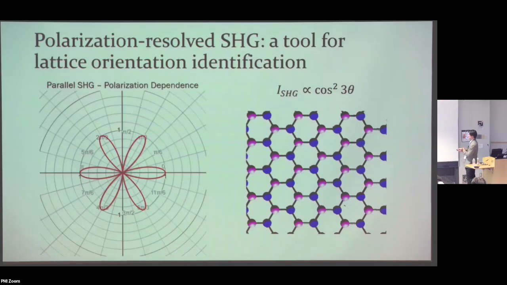The maxima of these lobes always correspond to the axes with mirror symmetry. For example, that direction is the direction of the armchair, and along the armchair you have a mirror symmetry of up versus down. This is for parallel second harmonic generation, meaning you have the same input and output polarization that you detect.